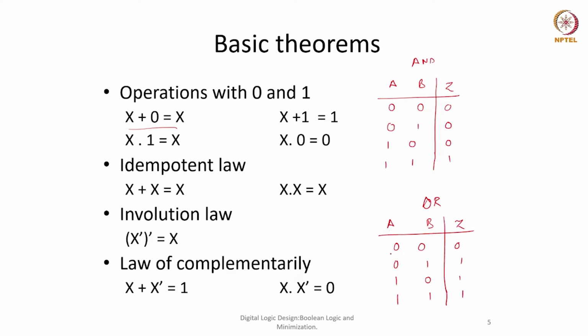So either 0 0, output is 0. If both of them are 1, the output is 1. So the output is also x. So x plus x would be x here. And if I am doing an AND operation of a variable with itself, the output is again the same variable.